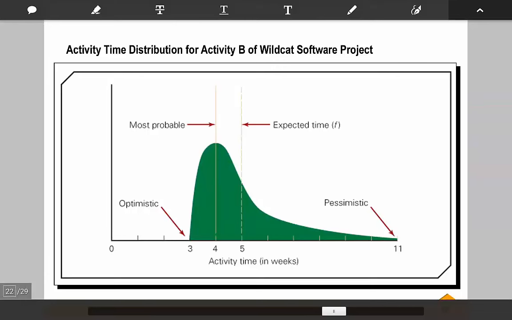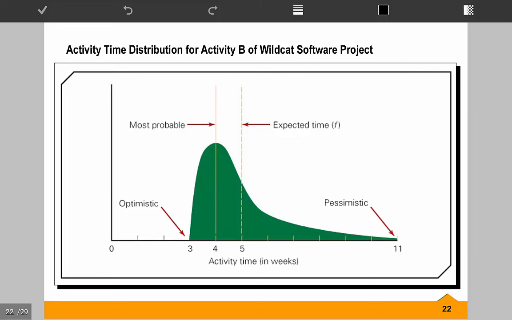Researchers found that when we quote optimistic, pessimistic, and most probable values, this kind of coding follows a beta distribution. The beta distribution is just like a normal distribution, except it has a fat tail here.